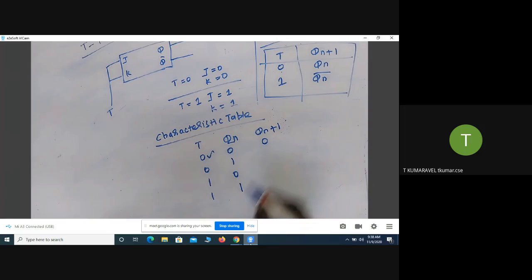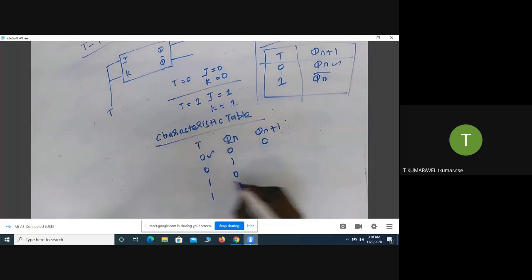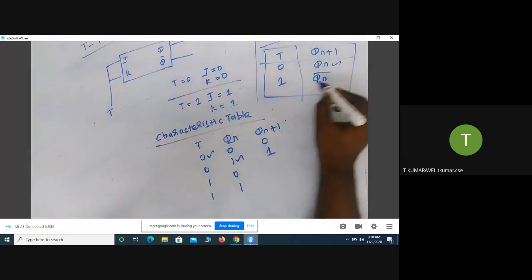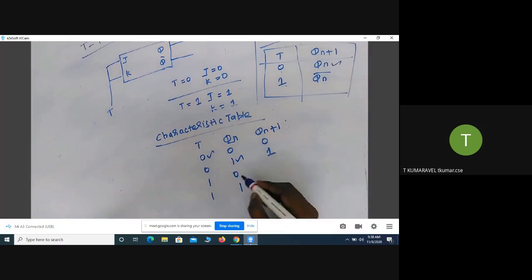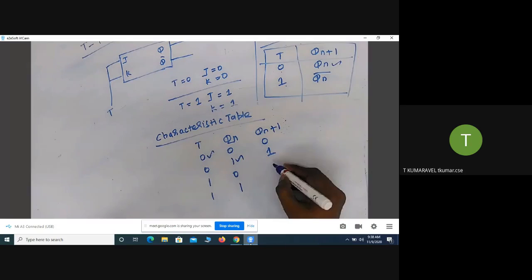Next combination: my input is 0, so it will retain the previous state. The previous state is 1, so it will retain 1. What about next? My input is 1. If the input is 1, it is going to complement the previous state. What is the previous state output? 0. Its complement is 1.